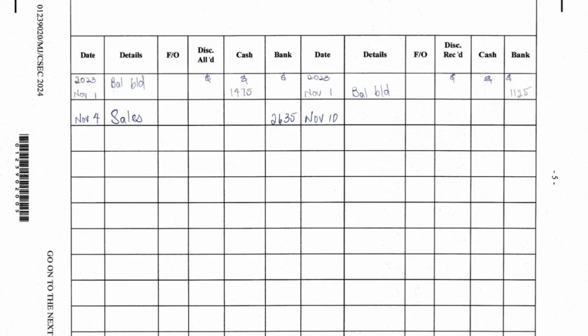November the 10th is we paid 2 persons. We paid L. Smith, and please do not combine them because you would have to transfer the amounts separately to each account, as in personal account, and K. Peters. Sorry, you received a discount of $42 from L. Smith and a discount of $46 from Peters.